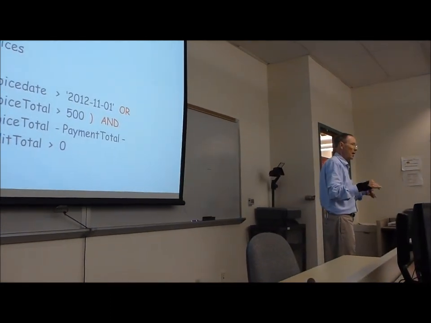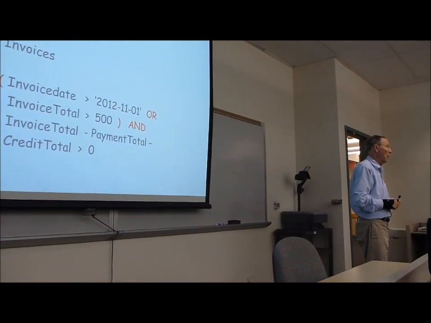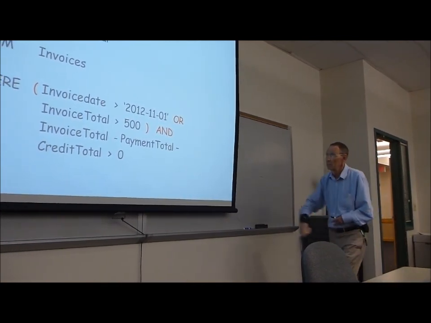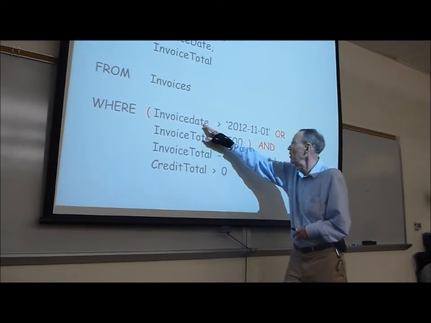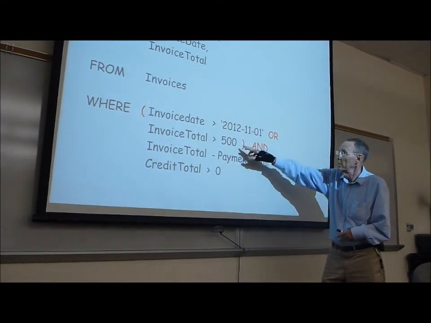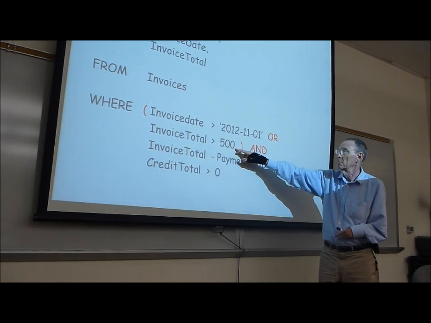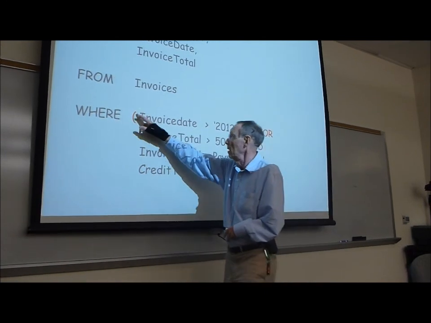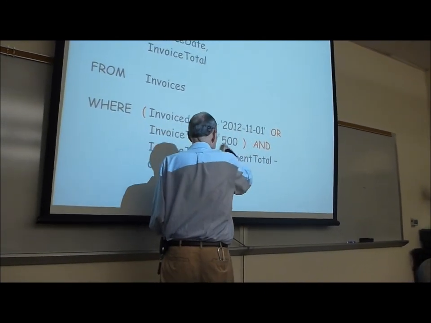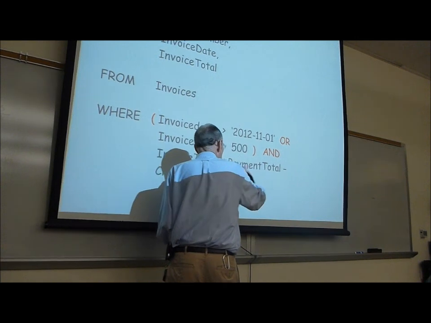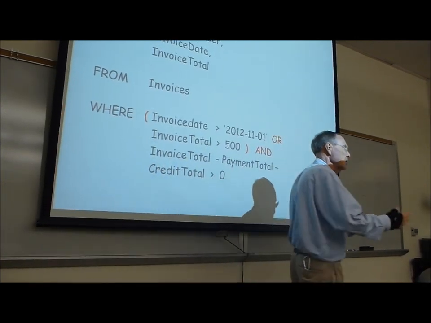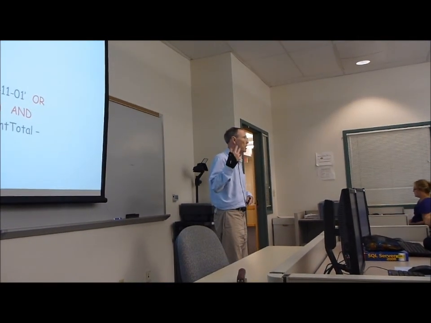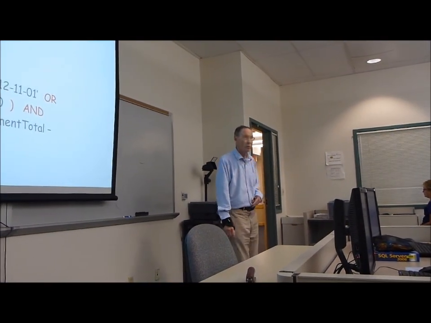And I don't want that to happen. I want to evaluate the OR part first, then the AND result. So it's going to be the invoice date or invoice total greater than 500, and I have to put that in parentheses. Otherwise, this expression and this expression would get evaluated first. And that's the way the compiler works. So it's not going to be the way you might be thinking. So you have to force it.